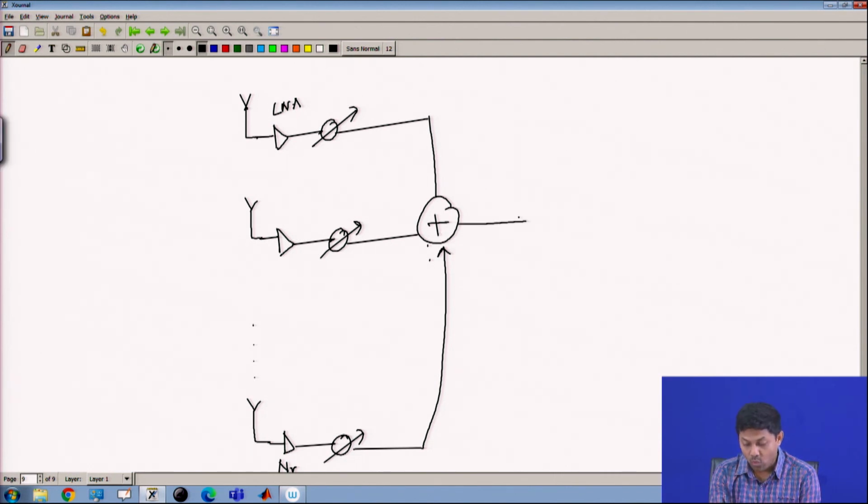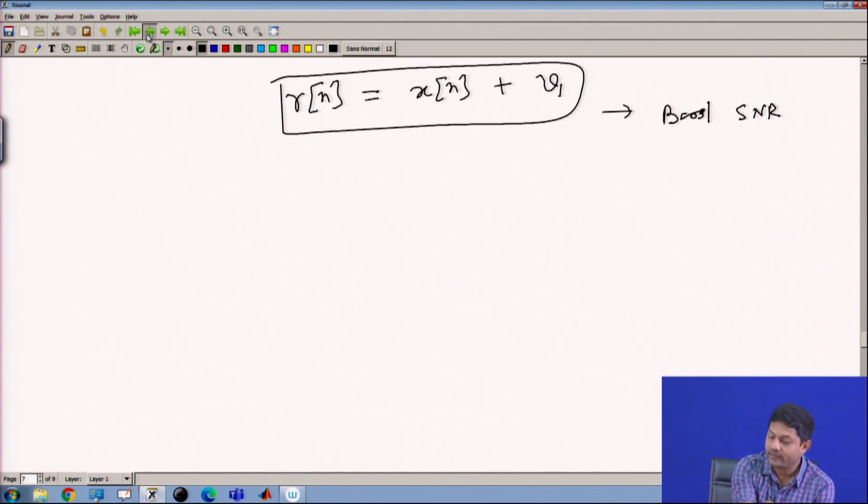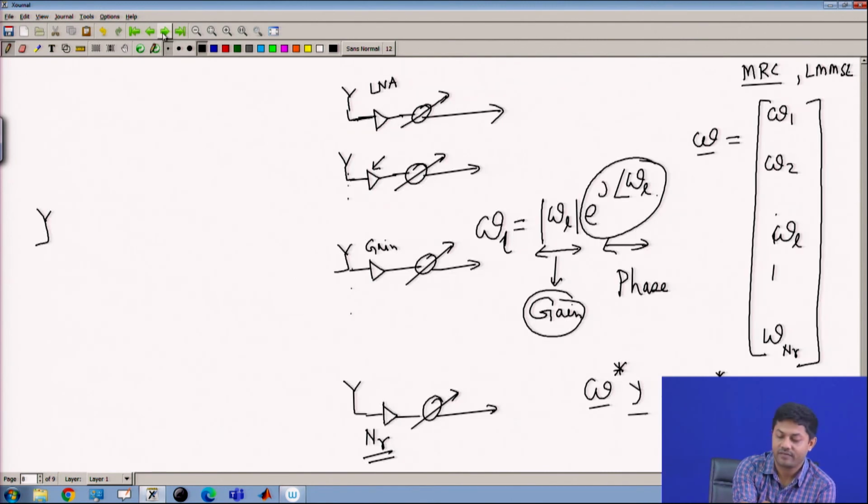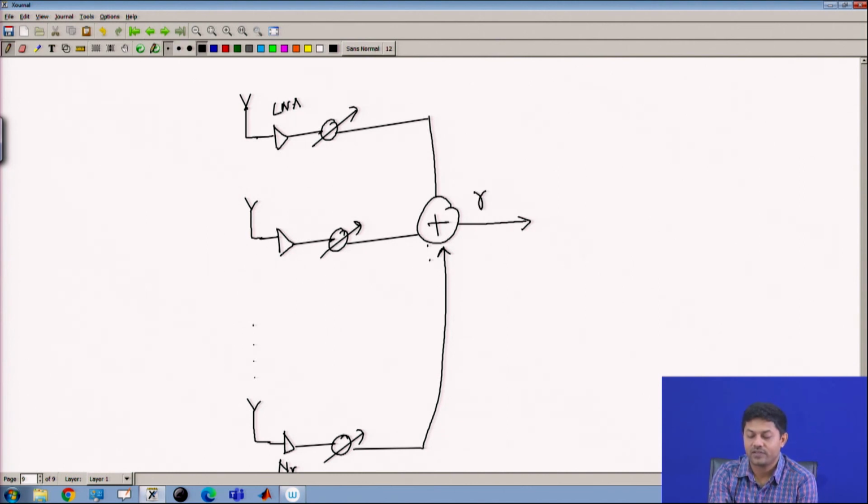Now, I get only one data stream. Whatever I was writing here, this R_n, instead of R_n, I think of its RF version. This is what is coming. So, this is the RF data. This is still in RF domain. Now, I demodulate this one.